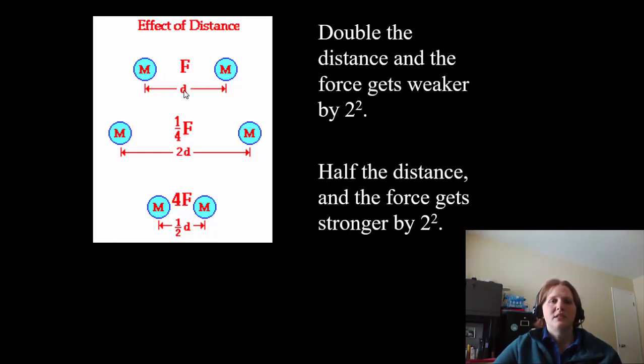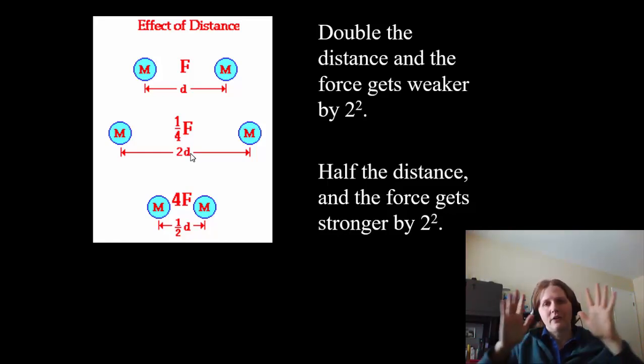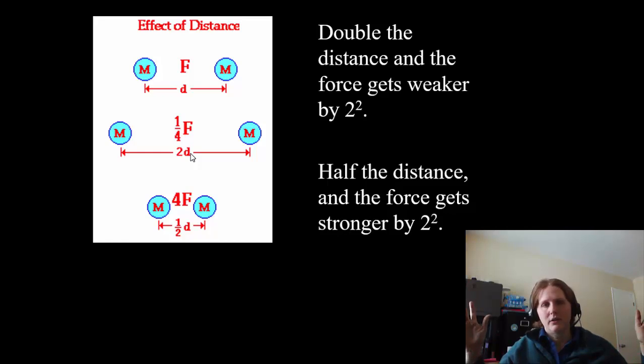Let's take that initial distance and double it, leaving everything else the same. Because they got further apart, gravity between them is going to get weaker. But by how much? You change the distance by 2, so let's square it. 2 times 2 is 4. It's going to get weaker by 4. So that's this 1/4 F.